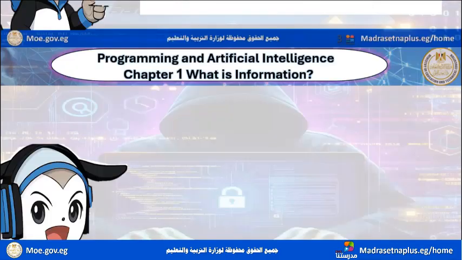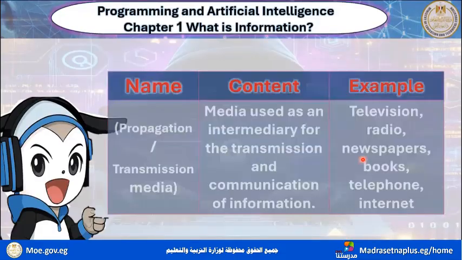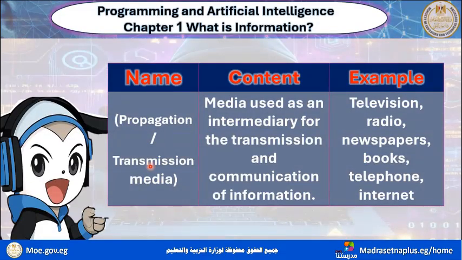We have now the second type of media. It's propagation or transmission media. So, it's media used as an intermediary for the transmission and communication of information. So, it transmits information to other people.